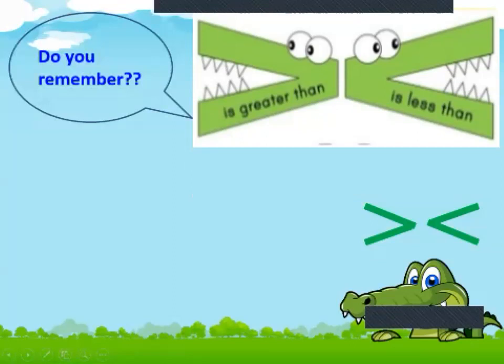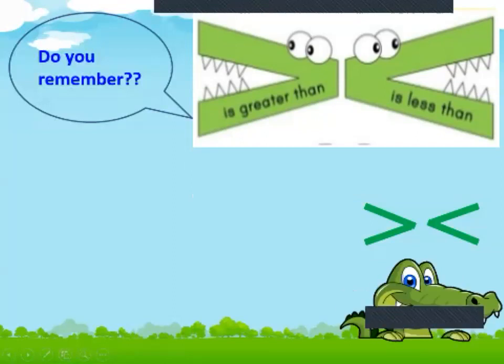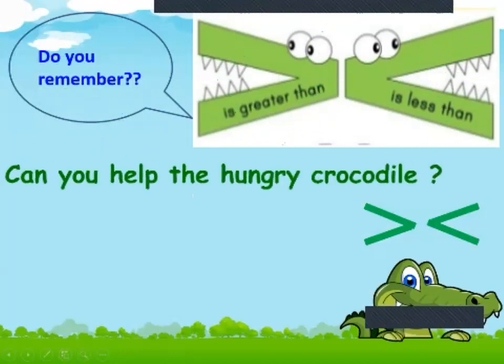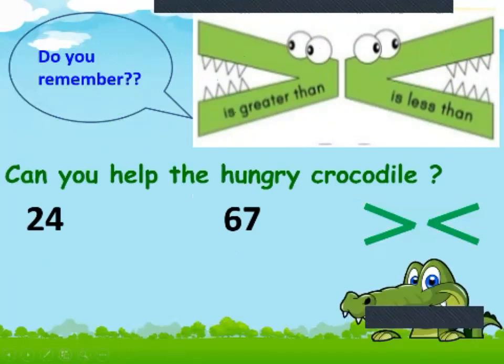Do you remember this sign is greater than and is less than sign? Wherever the big number is there, the crocodile will open its mouth to the big number. Now, can you help the hungry crocodile? There are two numbers here, 24 and 67.